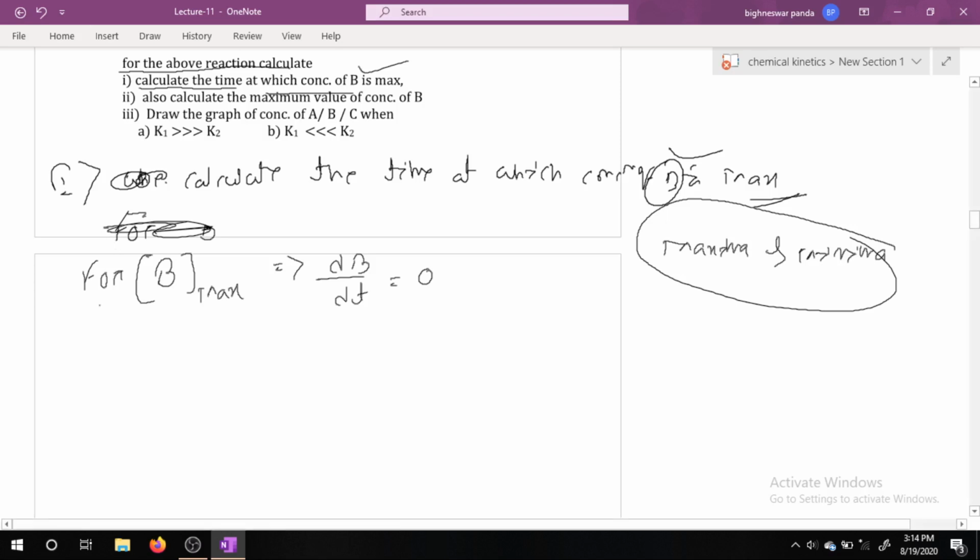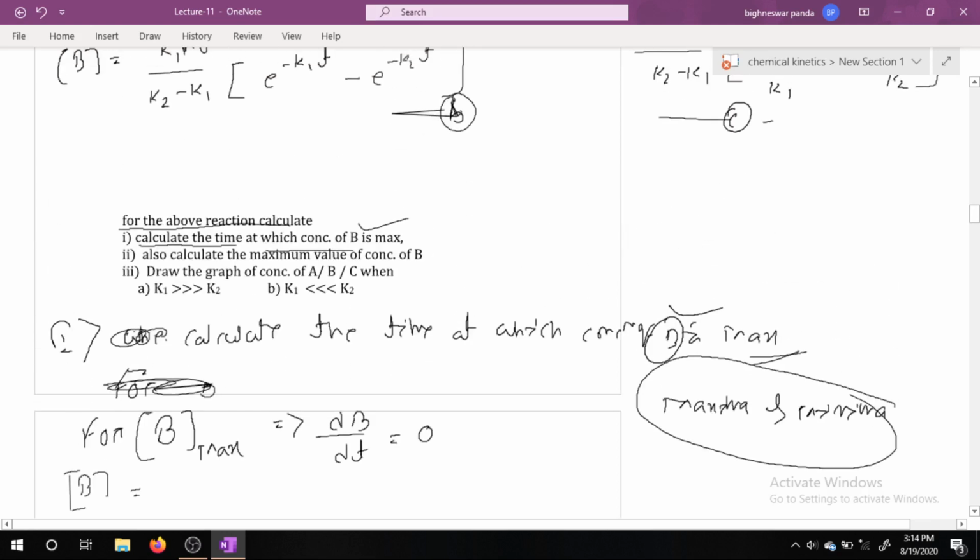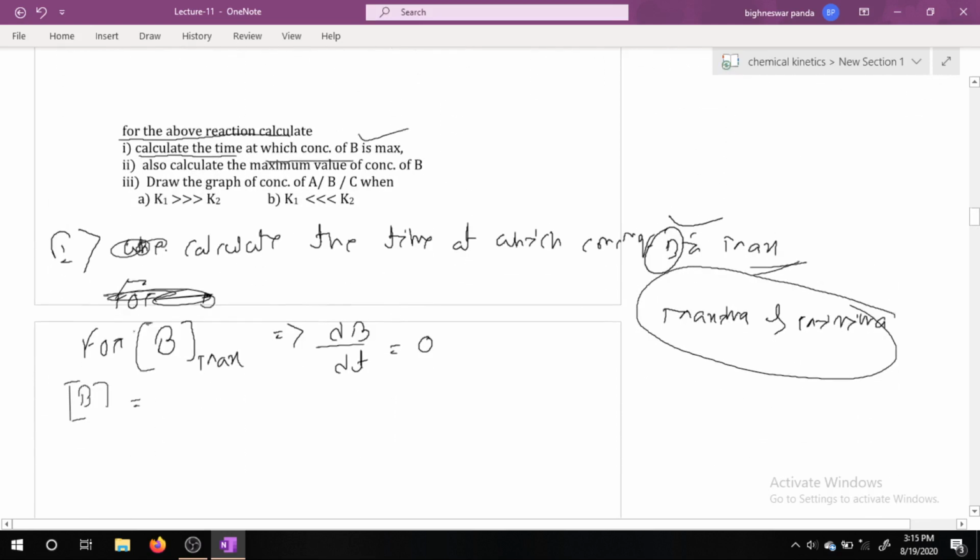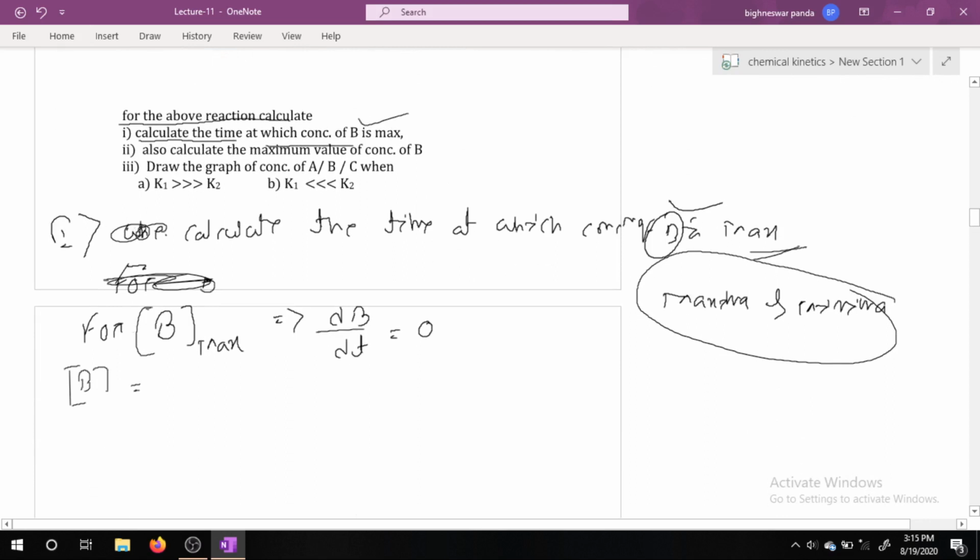And I know the concentration of B is K1 A naught by K2 minus K1 into e to the power minus K1 t minus e to the power minus K2 t.